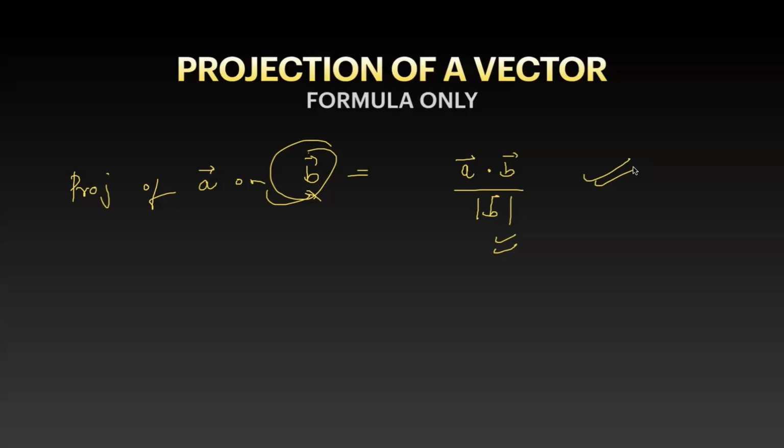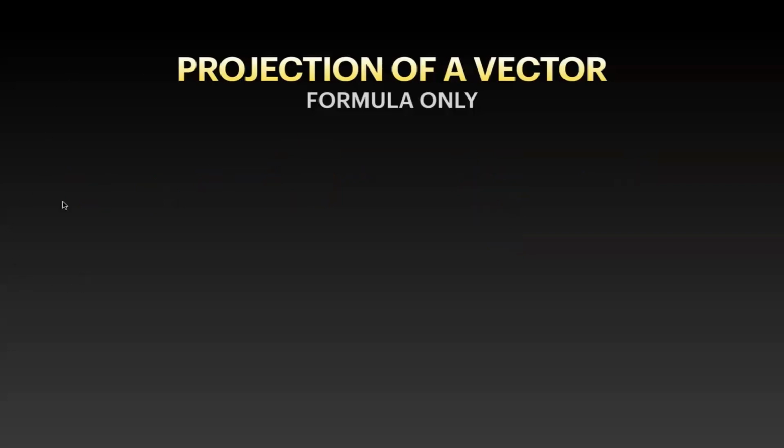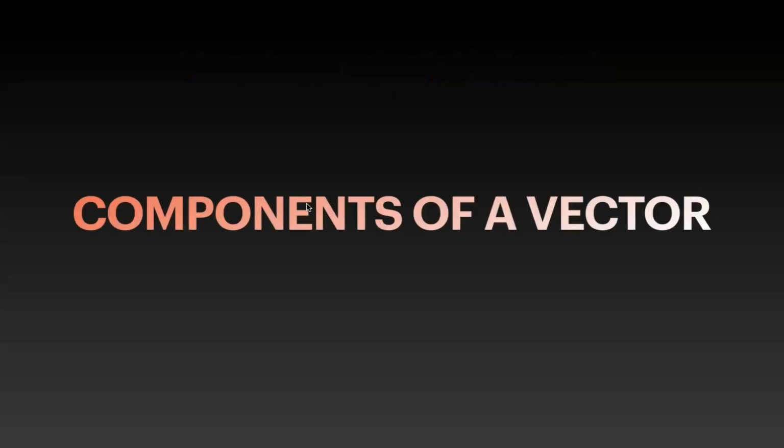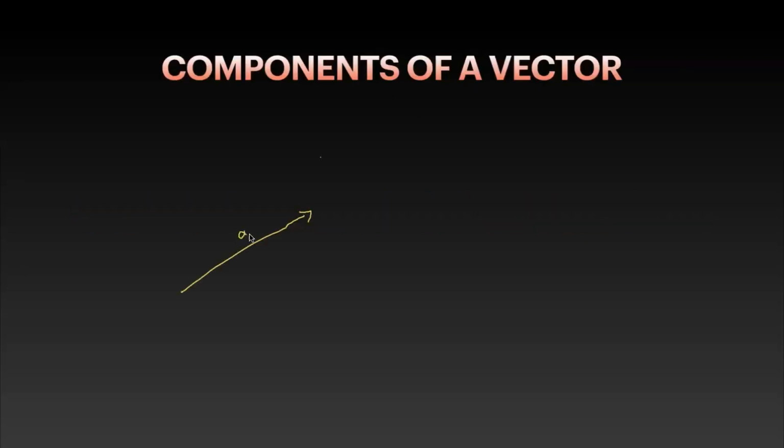Next, this is a very, very important topic, that is how to take the components of a vector, and this topic will be used throughout 2 years of your physics. So, how do you take components of a vector? Let us see. Assume you have a vector A in this direction.